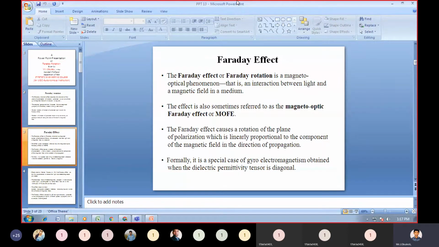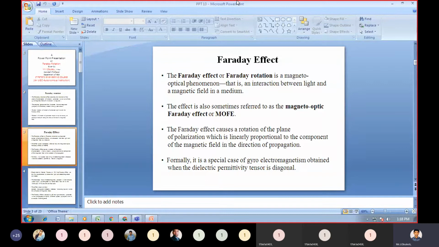So the Faraday effect is an interaction between light and a magnetic field in a medium. Sometimes we refer to it as the magneto-optic Faraday effect, MOFE: M for magneto, O for optic, F for Faraday, E for effect.